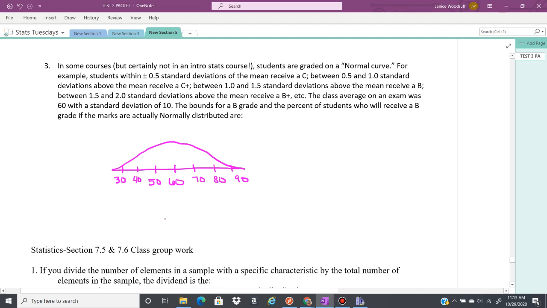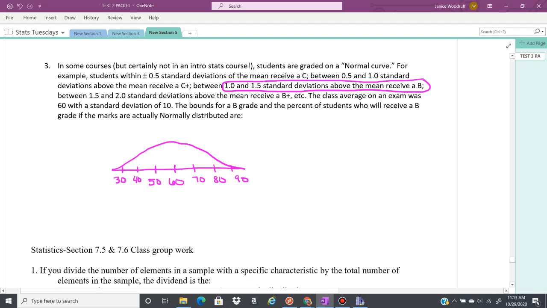So what we want to know are the B grades. Between 0.5 and 1 standard deviation of the mean is a C plus. Between 1 and 1.5 standard deviations of the mean receive a B. So this is what we want here, the B's.